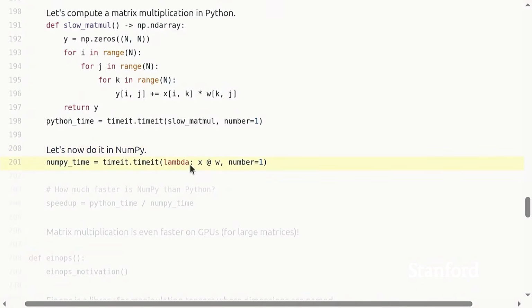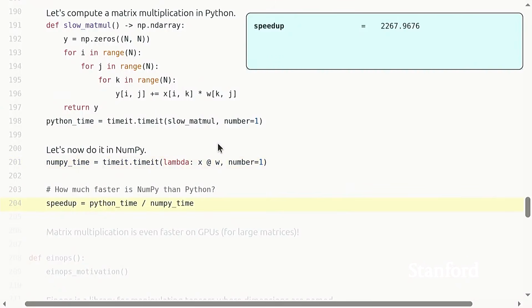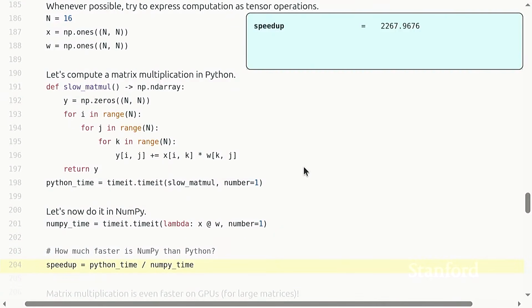Or you can just do it in NumPy. There's this handy utility called timeit that allows you to see how much time these operations take. And it turns out that if you look at the Python time over the NumPy time, it's a lot slower. The reason for this is that, first of all, this is in Python. Python is not the fastest language. It's interpreted.